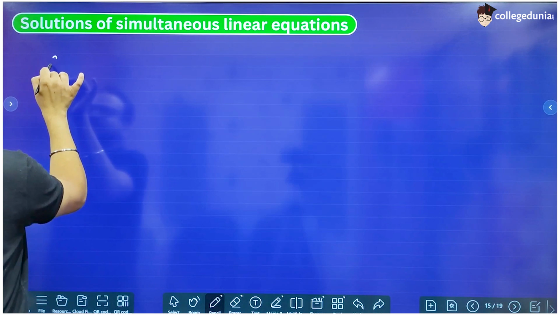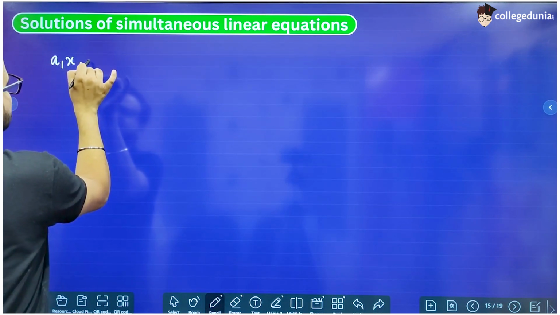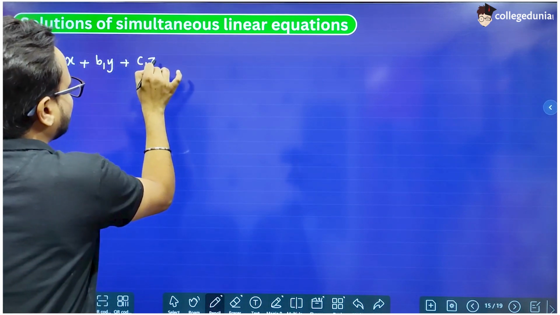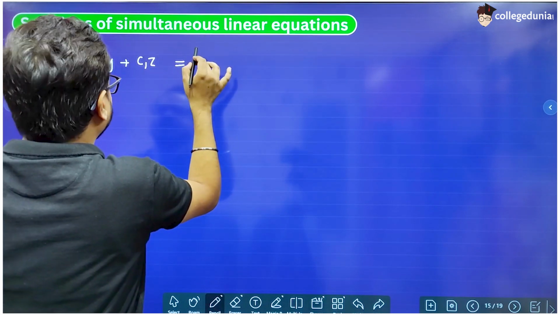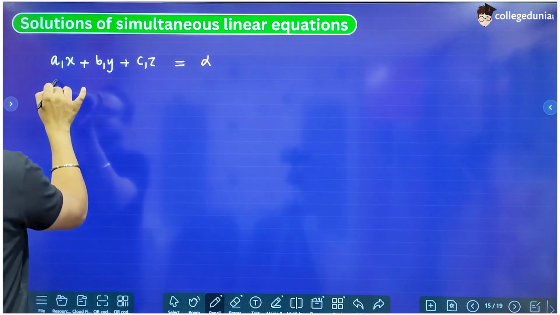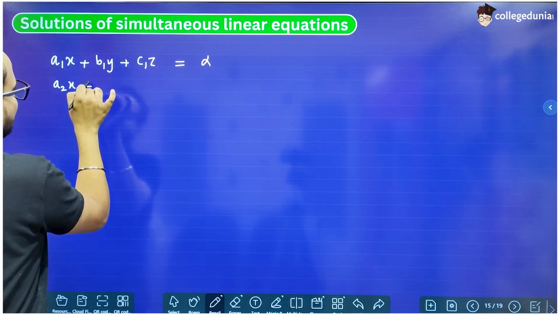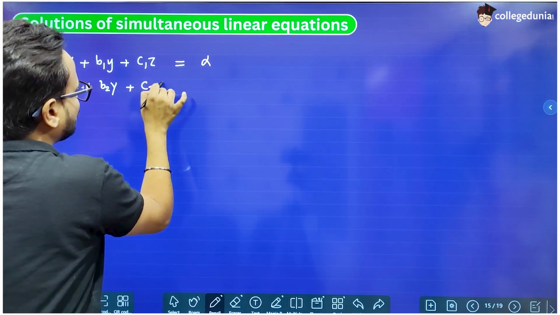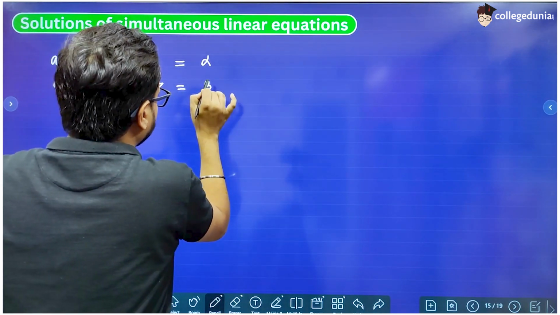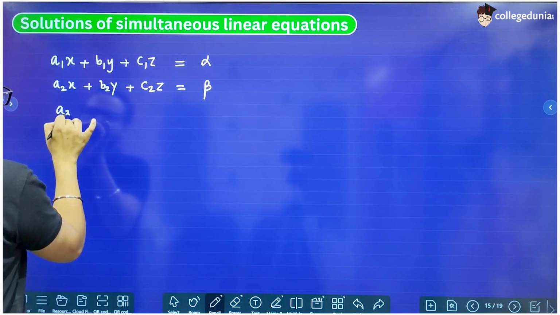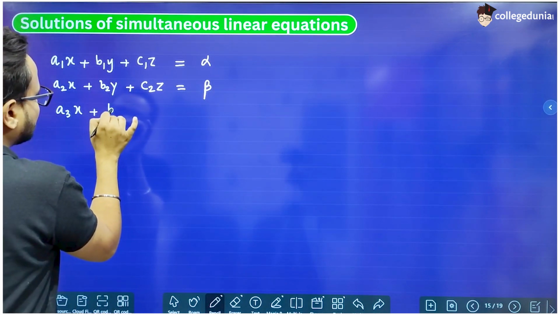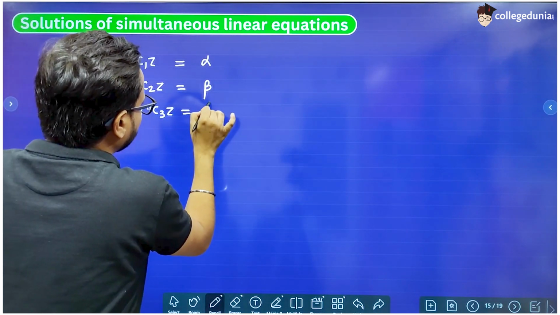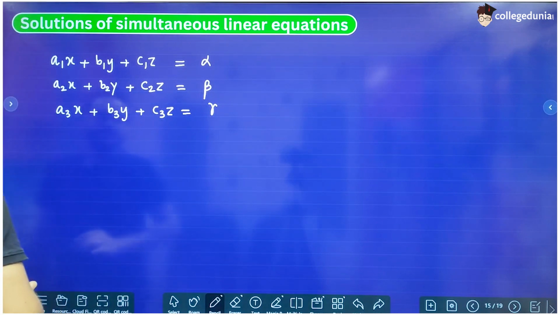Let's say we have a set of 3 equations, a1x plus b1y plus c1z equal to, let's call it alpha, and a2x plus b2y plus c2z, let's call it beta, and a3x plus b3y plus c3z is gamma.